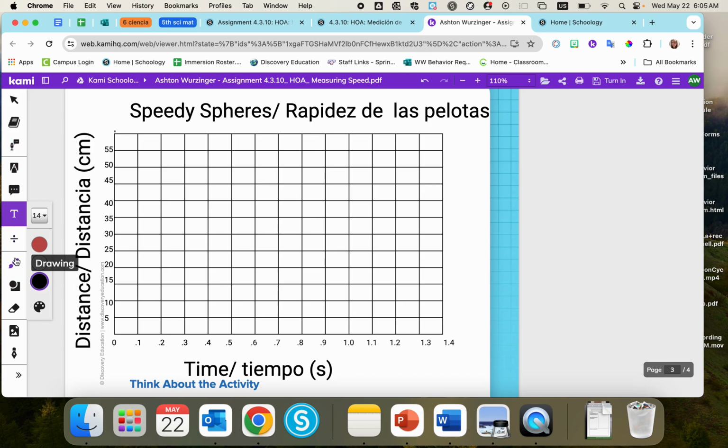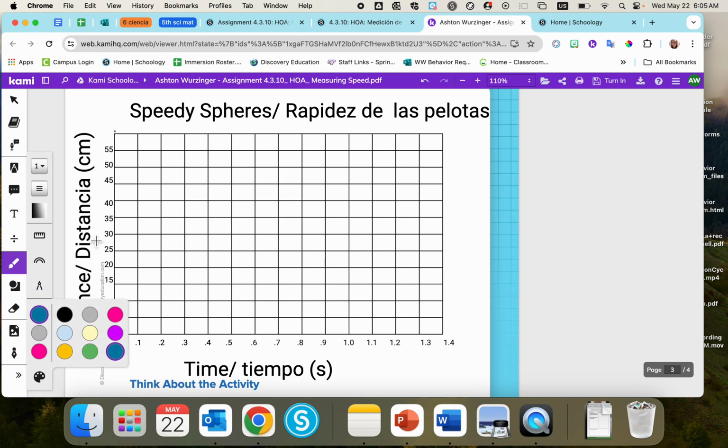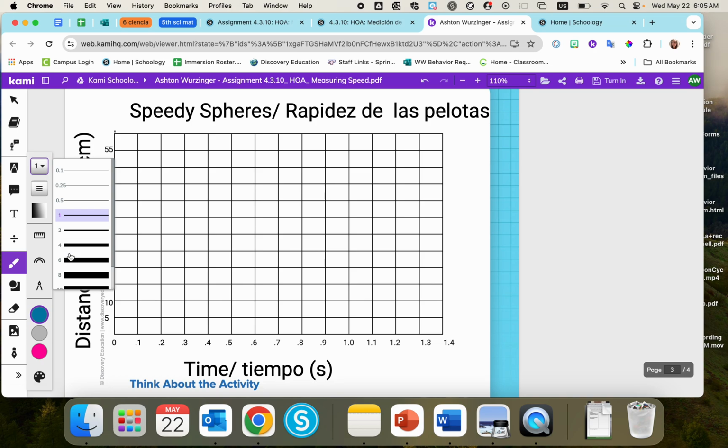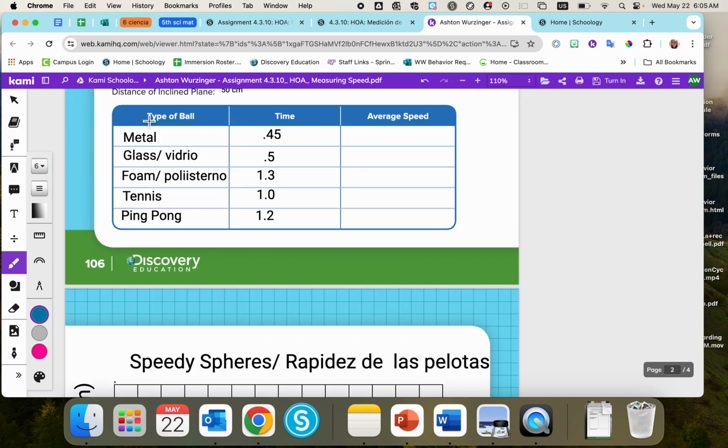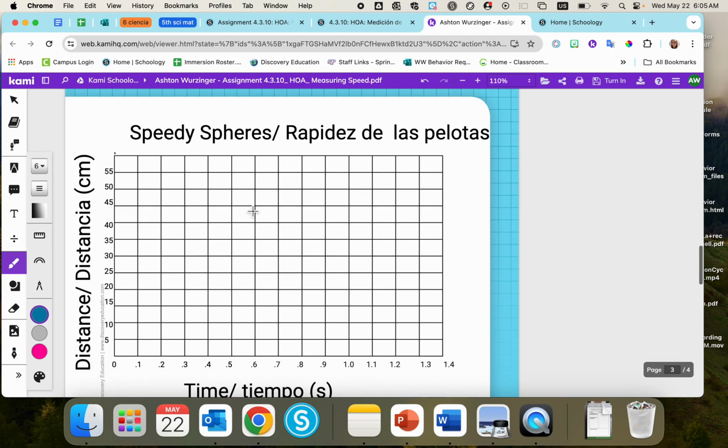Next, what we are going to do is we need to choose some different colors, and we need to choose them based off of what we have, and we're going to put our graphs on the data table. So this is going to be blue. This is going to be the metal ball. I'm going to just write them all here really quick.